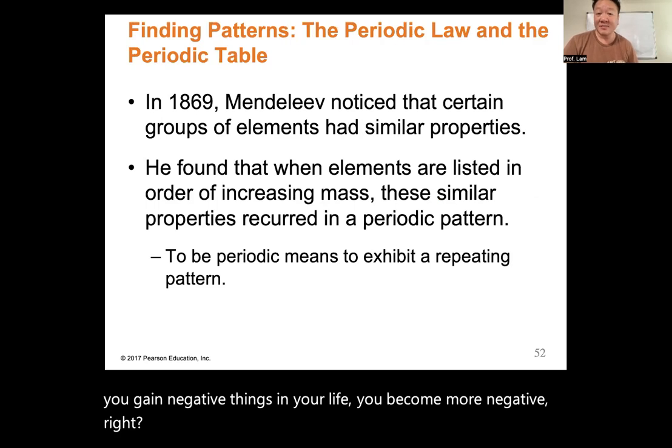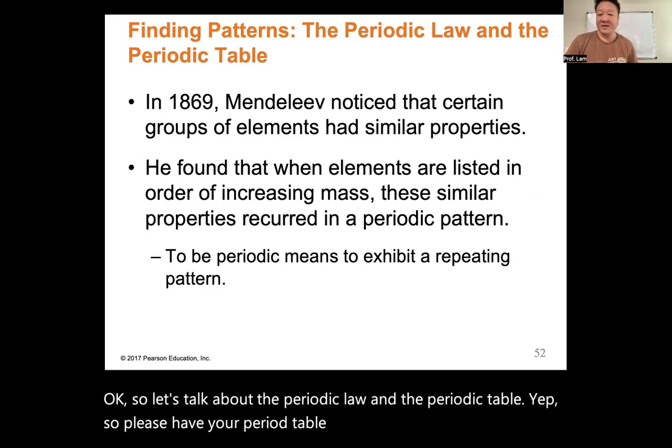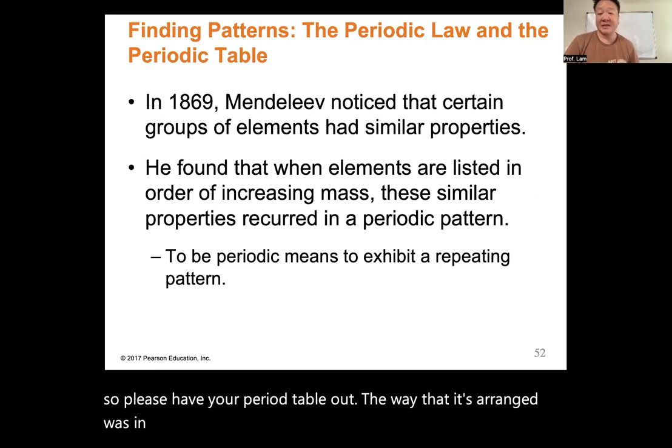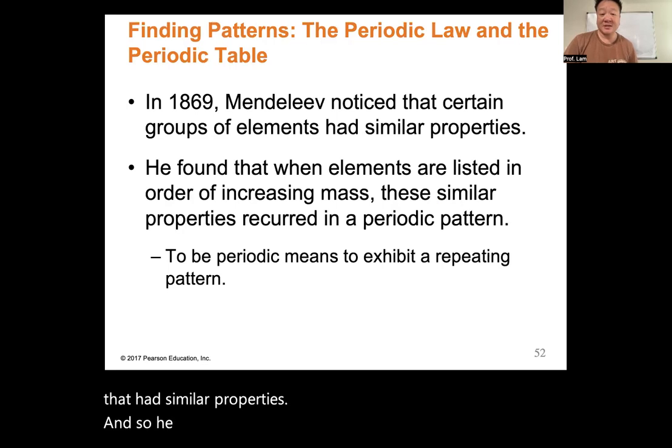Okay, so let's talk about the periodic law and the periodic table. Yep, so please have your periodic table out. The way that it's arranged was in 1869, Mendeleev noticed that there were certain groups of elements that had similar properties. And so he listed the elements.